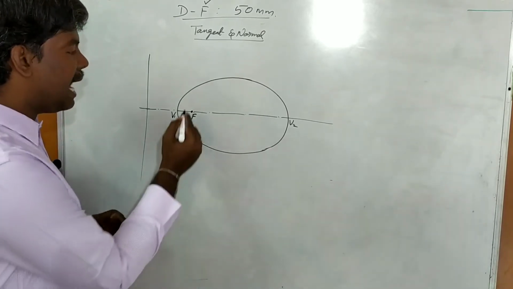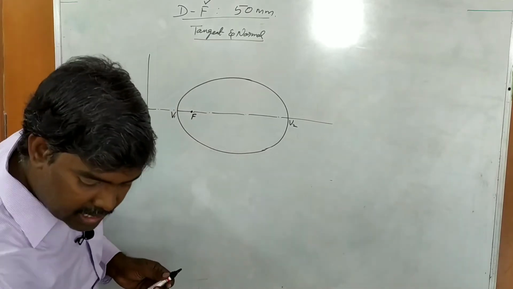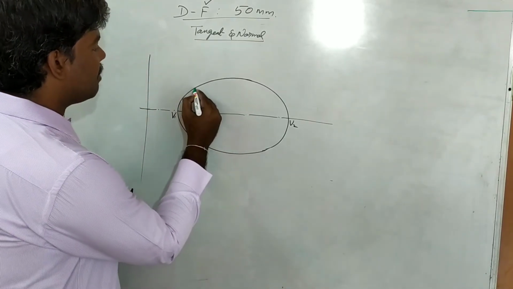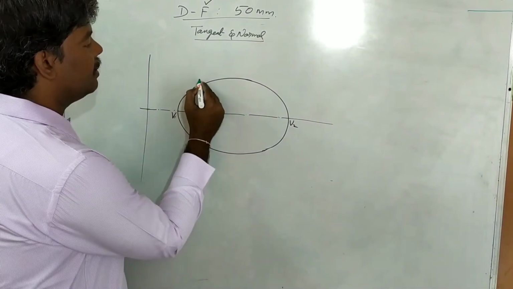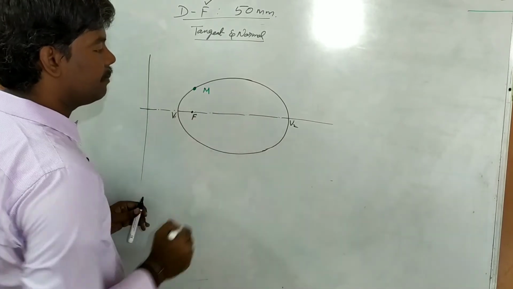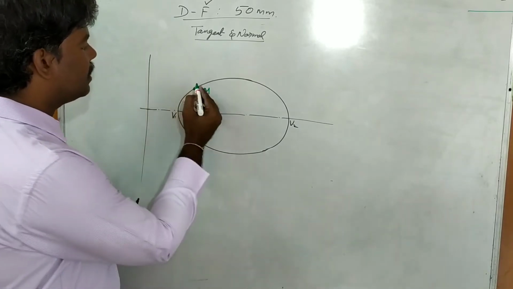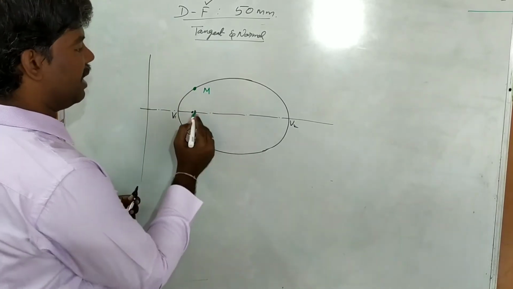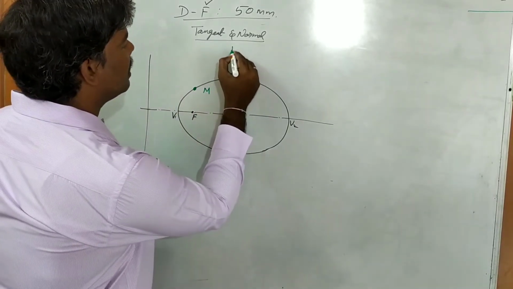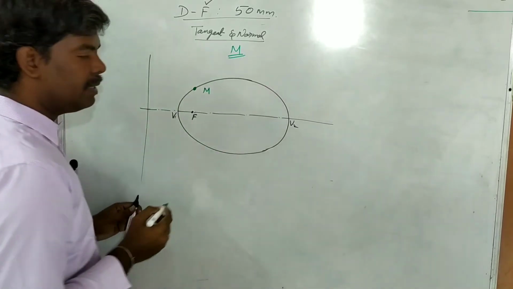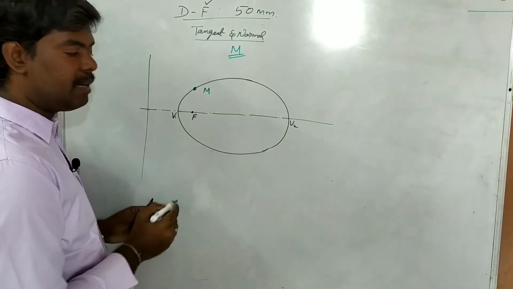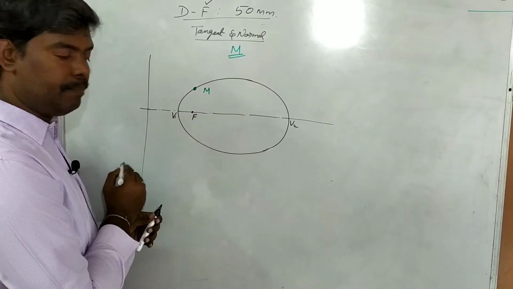So one is anywhere. So anywhere means, for example, I consider here. So point M. Clear? So it's visible now. Right. So the point M, anywhere. What is the procedure to draw tangent and normal passing through the point M?